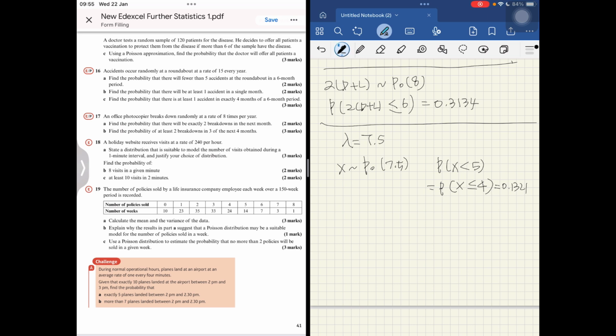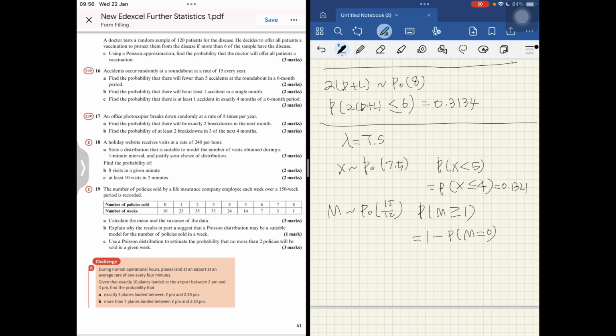And there will be at least one accident in a single month. So let's call it M, Poisson, 15 over 12. This is the rate. Then probability of at least one accident means 1 minus probability M equals 0.